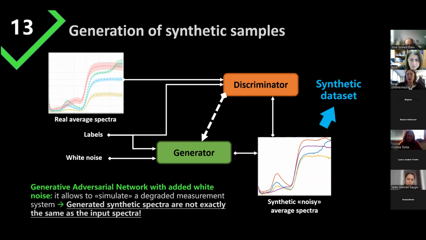So what we came up with was a synthetic generation of the samples procedure based on a generative adversarial network. Using the original spectra, we fed them to the generative network to make it generate new samples. We added noise to simulate a degraded measurement system.